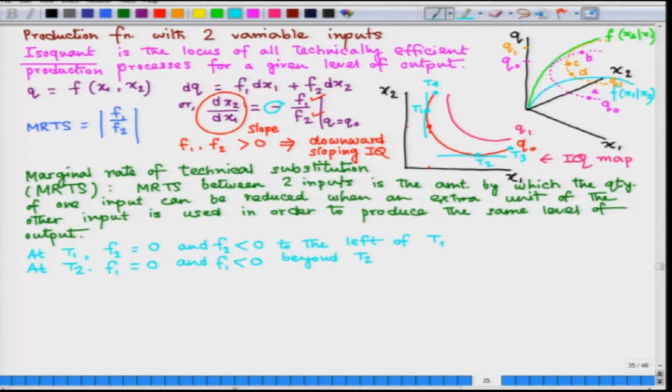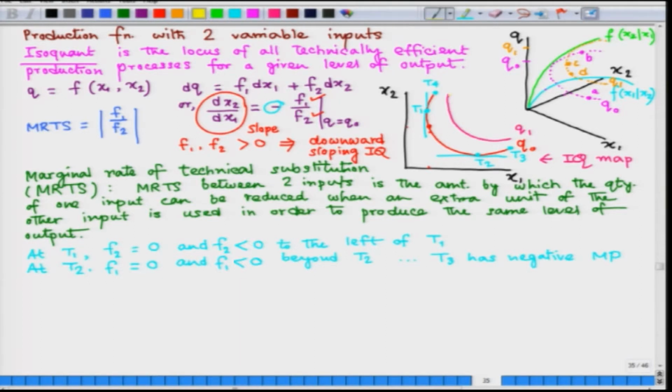So, we get to see that a point like T3 has negative marginal product. These are theoretical cases, but in reality they are kind of ignored.